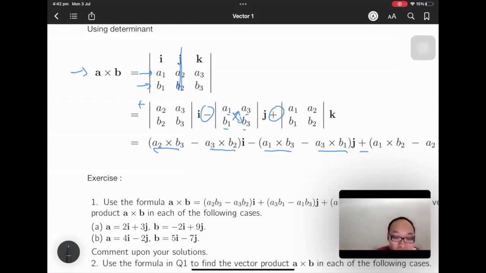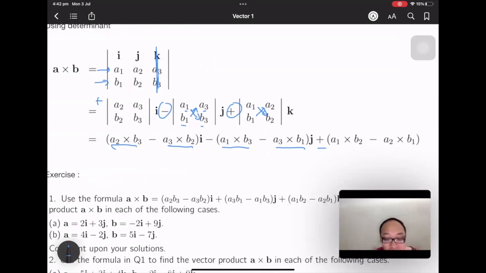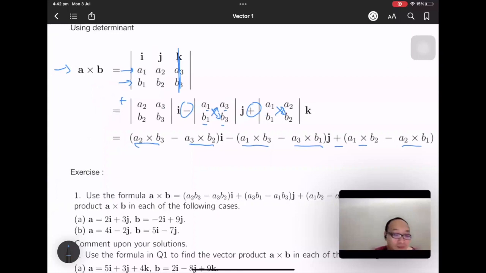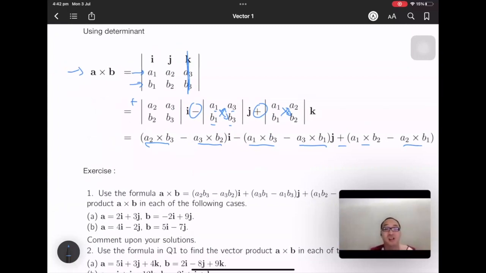So plus, now find K, so cross the K. So A1, B2 minus B1 times A2, like this. So this is how you find A cross B.